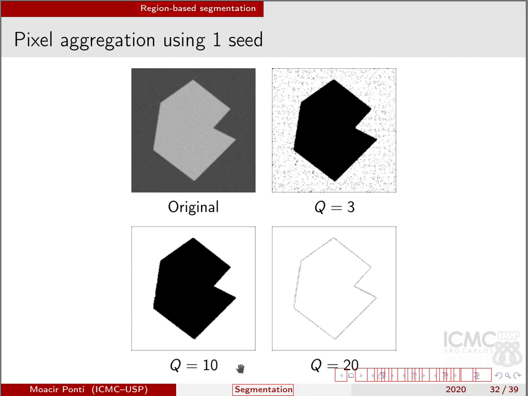Apparently, around 10 is the perfect choice, because we could, in some sense, include all the background, including noise, and not include the object. However, if we increase it too much, possibly some noisy pixel here allows the background to invade the inside of the object, and we don't want that in this case.